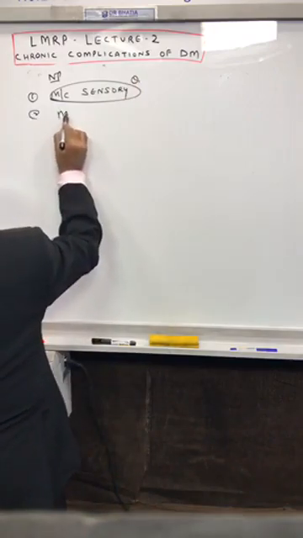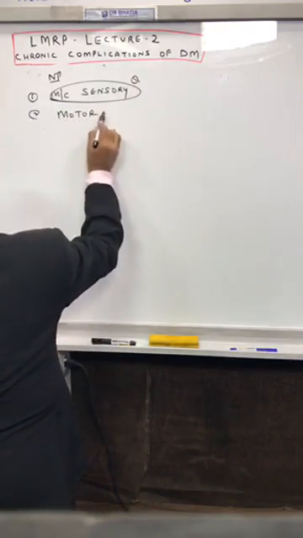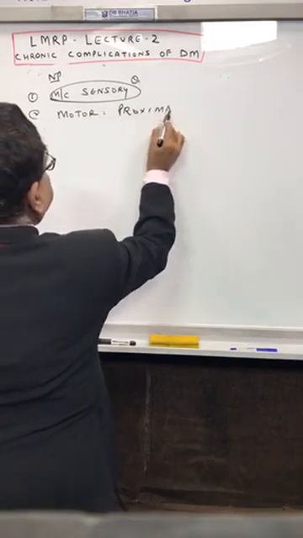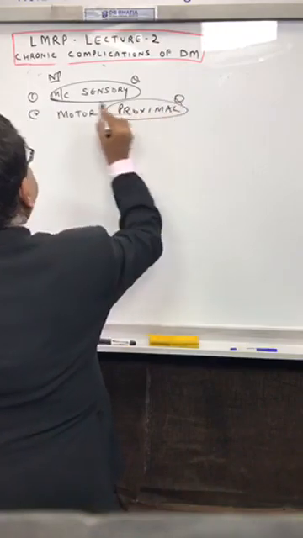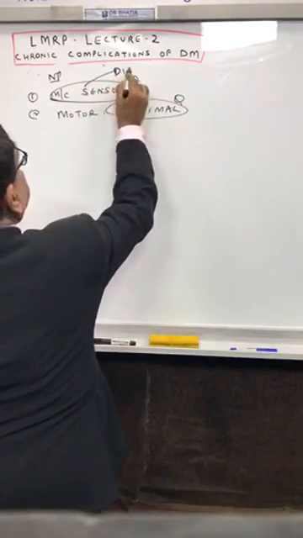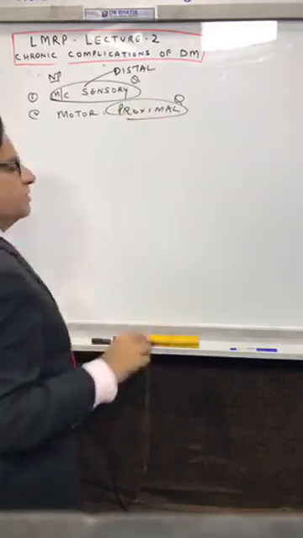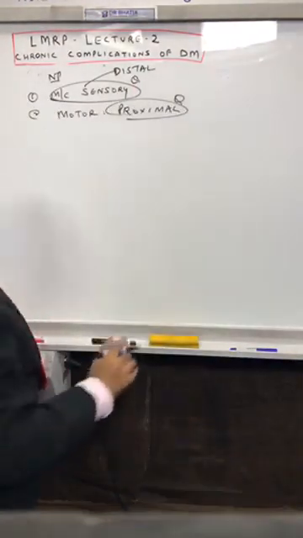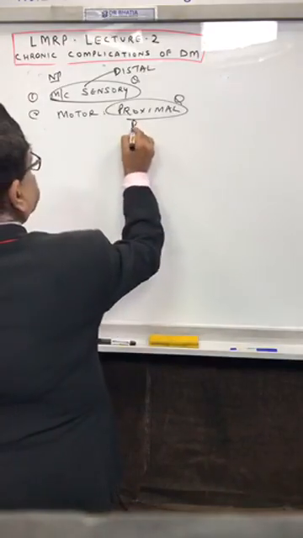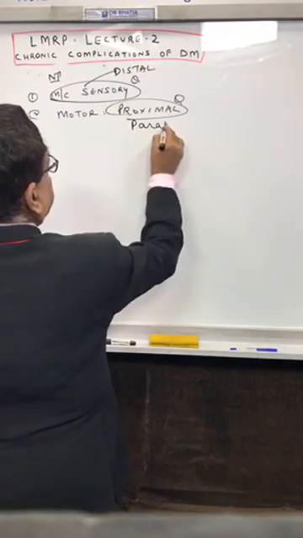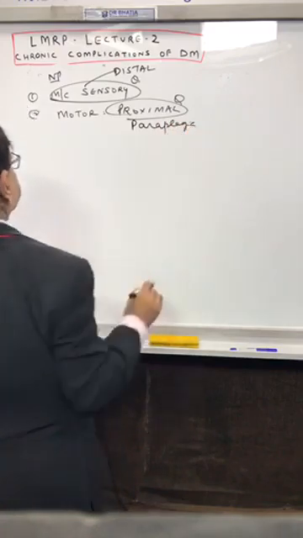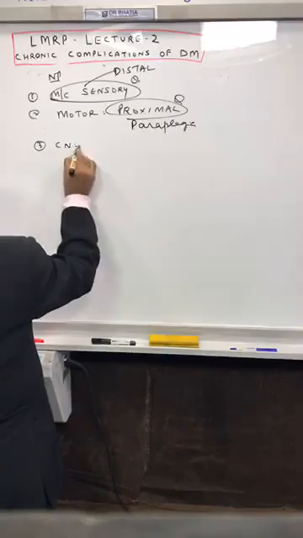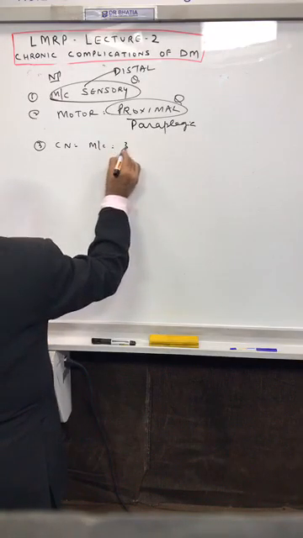As far as motor neuropathy is concerned, it is proximal. Sensory was distal, in the distribution of gloves and socks, but motor is proximal, so it can lead to paraplegia. Especially the legs are more commonly involved. Then in the cranial nerves, the most common nerve of all is the third nerve.